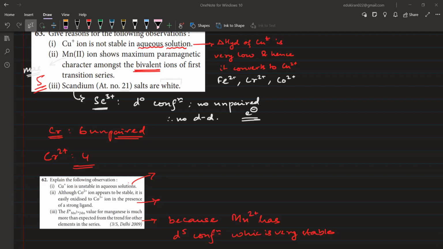Can you please see what is the electronic configuration of Co2+, cobalt 2+ and cobalt 3+? Calculate the electronic configuration for cobalt 2+ and cobalt 3+.